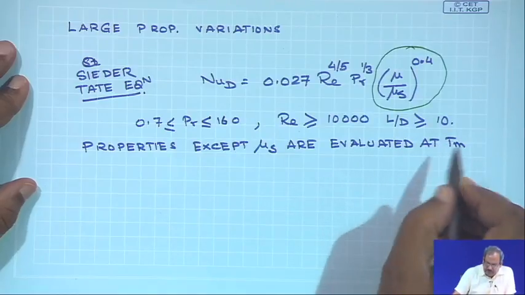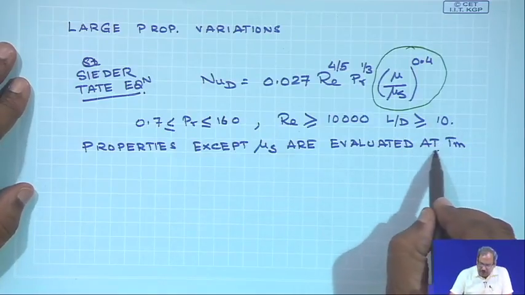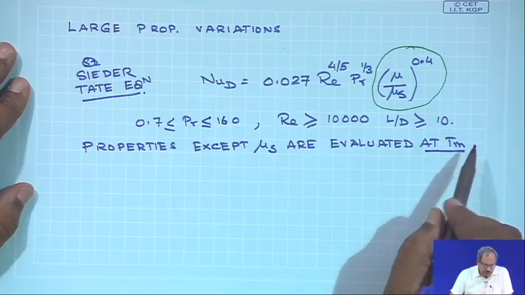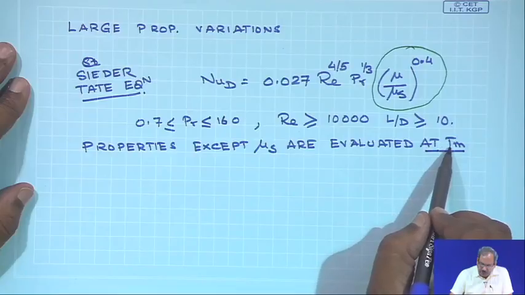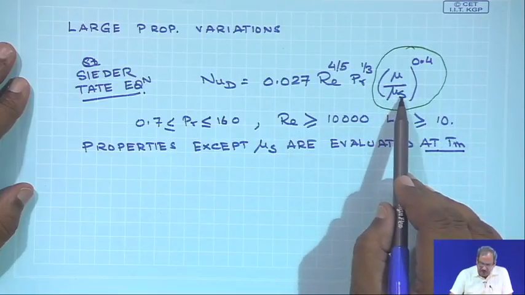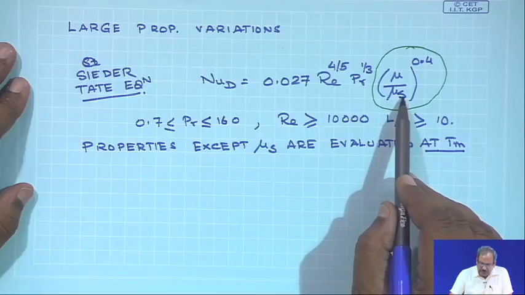And as I said, the other properties are not a strong function of Tm. Therefore, the property to be careful about is the viscosity, and mu s is evaluated at the surface temperature.